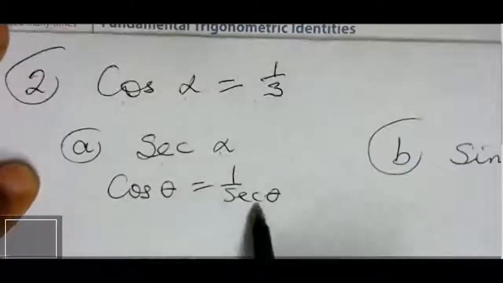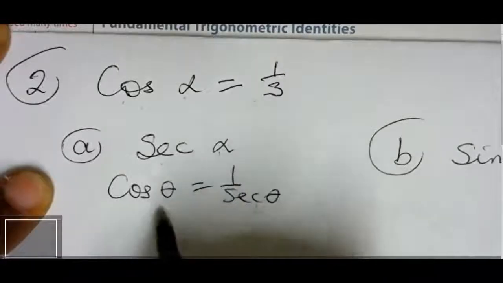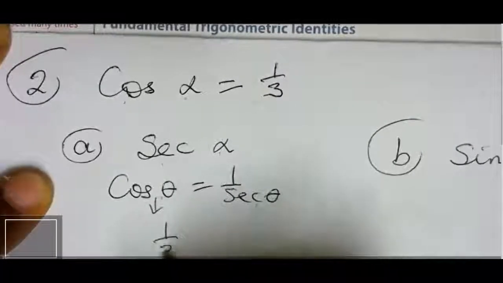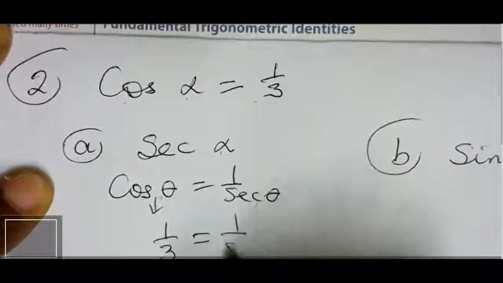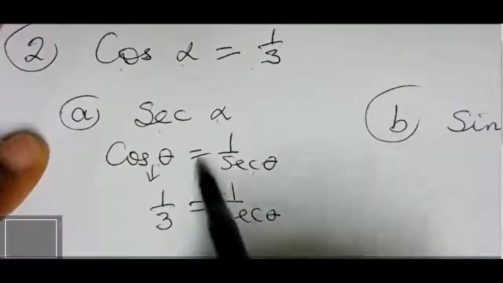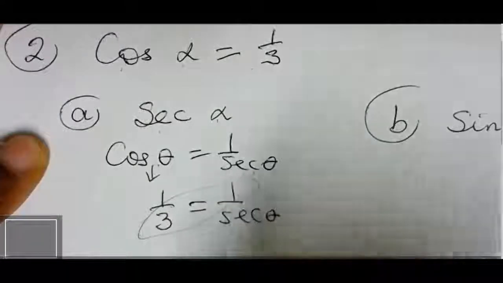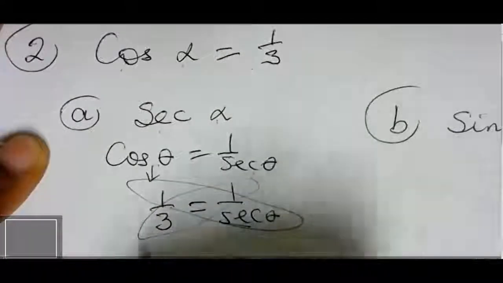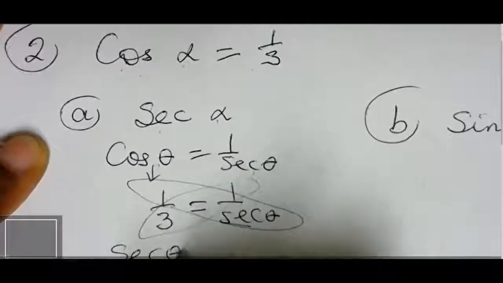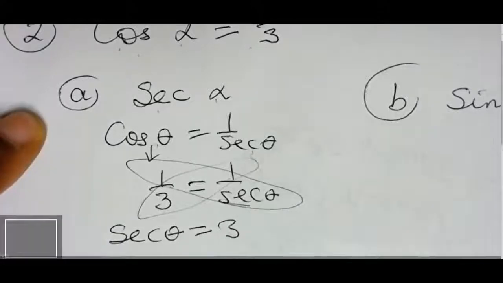So we substitute 1/3 for cosine theta, equals 1 over secant theta. Then we can solve for it by cross multiplying, so secant theta will actually be 3 times 1, which is 3.